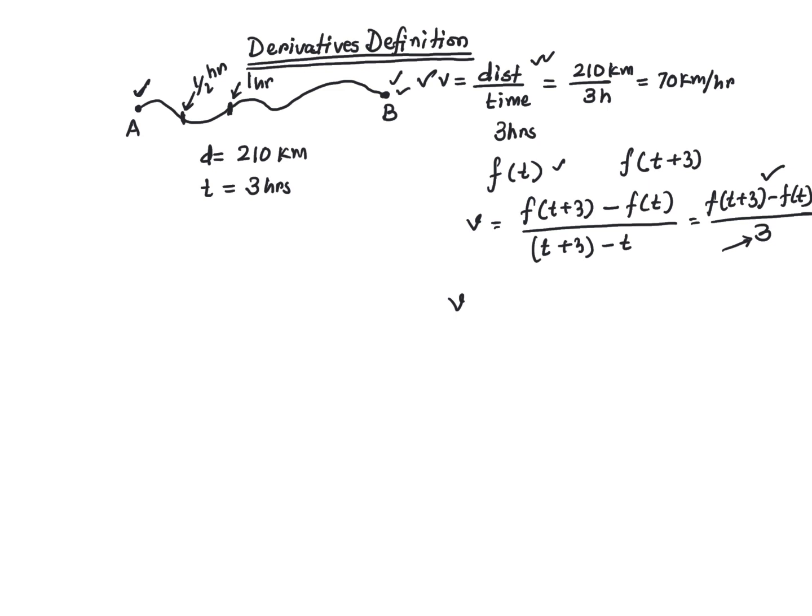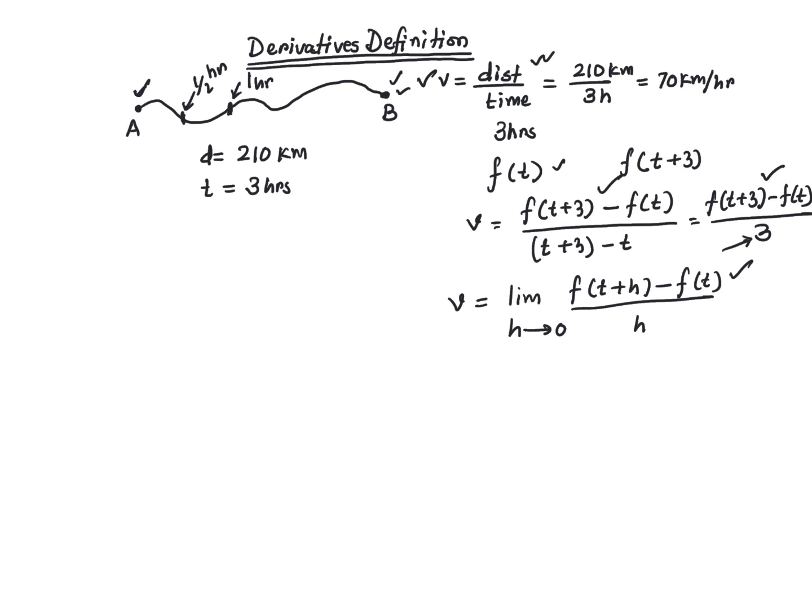So the way we do it, we take the limit as h approaches 0 of f of t plus h minus f of t divided by h. Look at the similarity between this formula and the term in front of the limit. They are very, very similar.